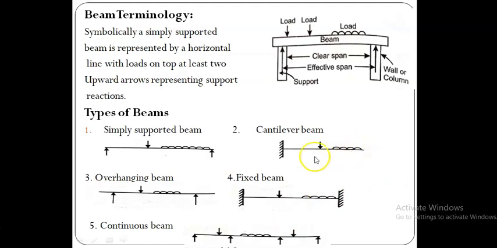It is simply free, whereas at one end it is fixed with some wall or some other support. So this is called a fixed support. Yes, we know the properties of this fixed support. It has vertical and horizontal reactions, as well as the moment reaction, because it doesn't allow any rotation. Like that, it doesn't allow vertical deformation and horizontal deformation.